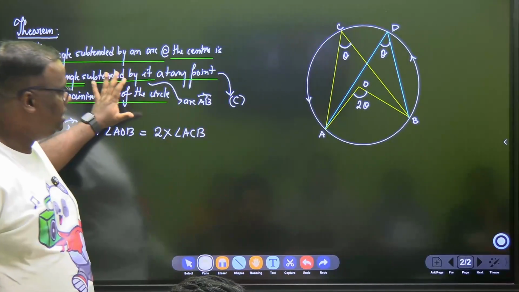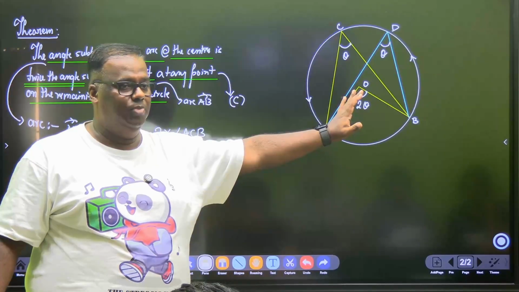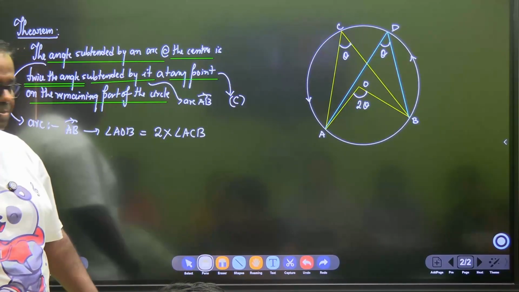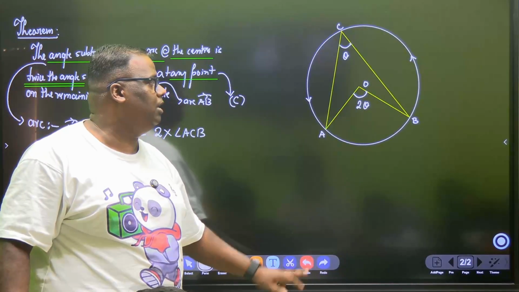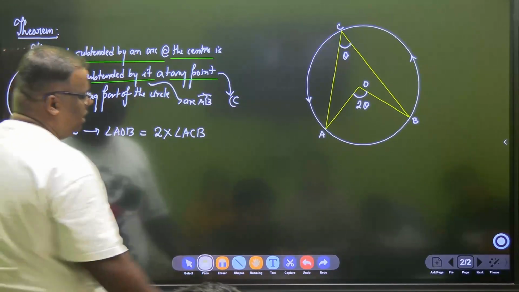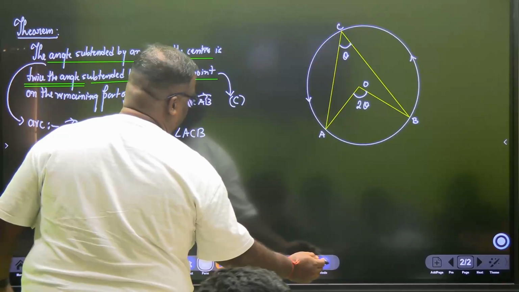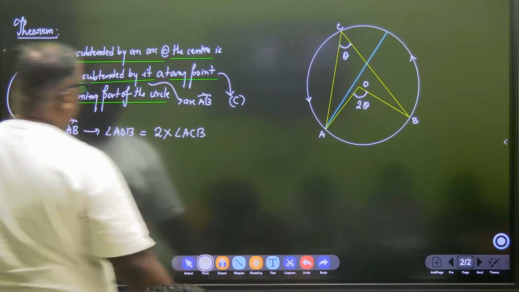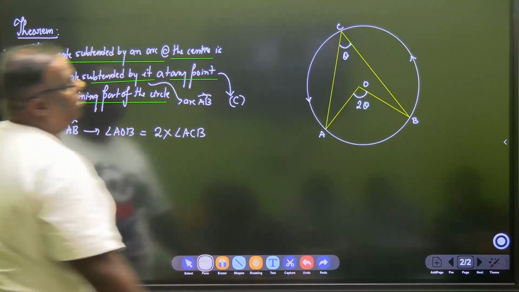Now you write this statement and you make only the initial yellow diagram. Don't make the blue diagram. We will come to the blue diagram later. For now, keep only the yellow diagram. Angle subtended by an arc at the center is twice the angle subtended by it at any point on the remaining part of the circle.